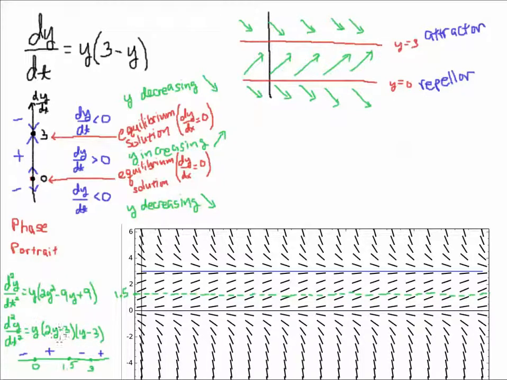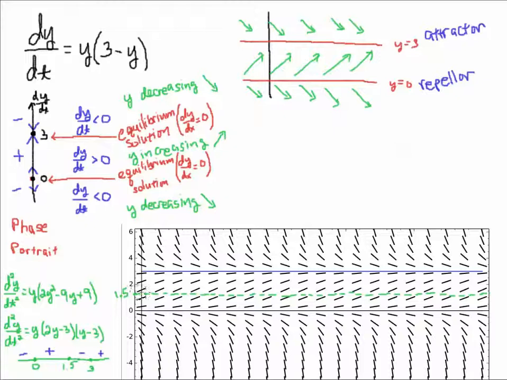So you'd have a product of these three terms, y times 2y minus 3 times y minus 3, and if you did the sign analysis on this, you'd have concave down less than 0, concave up between 0 and 1.5, concave down between 1.5 and 3, and concave up when y is greater than 3. Now look at that. When y is greater than 3, we're concave up. So that's where that curvature comes in.